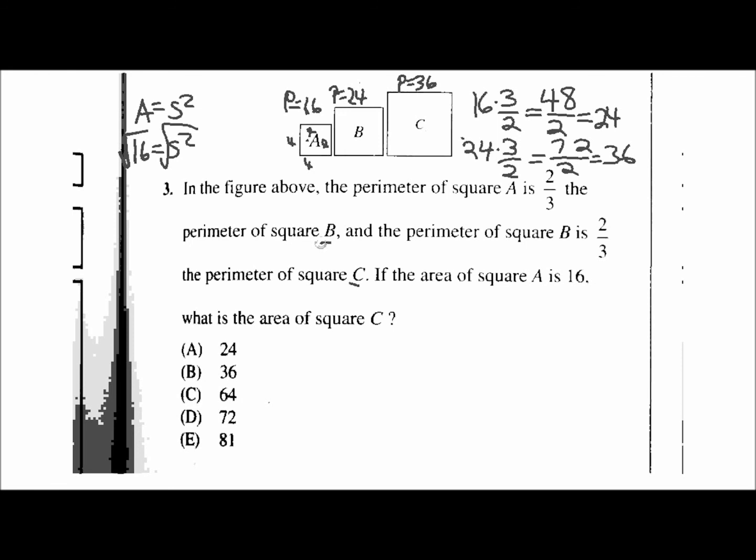And now they want to know, what is the area of C? Well, we've got 4 equal sides, and we've got 36 total. So 4 goes into 36. We know each of these sides has to be 9, okay? And to find the area of a square, you just take one side times the other side, since they're all equal. 9 times 9 equals 81, and that's this one down here.